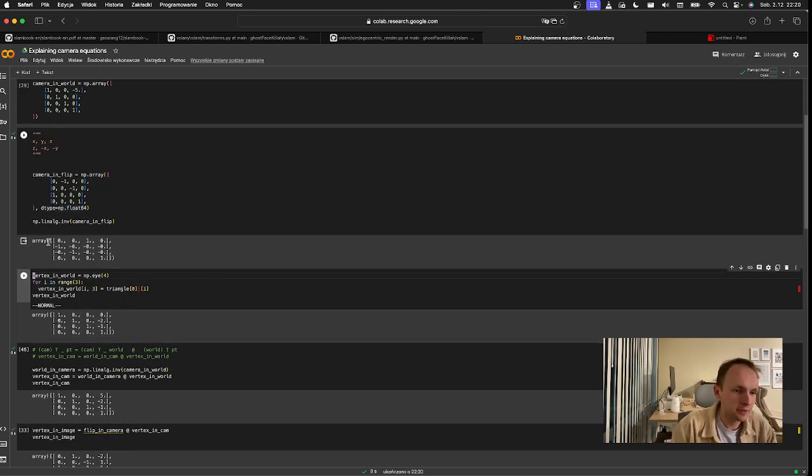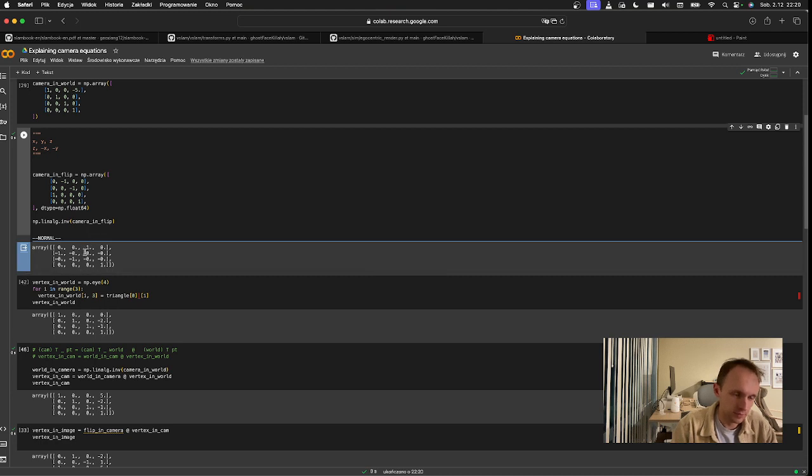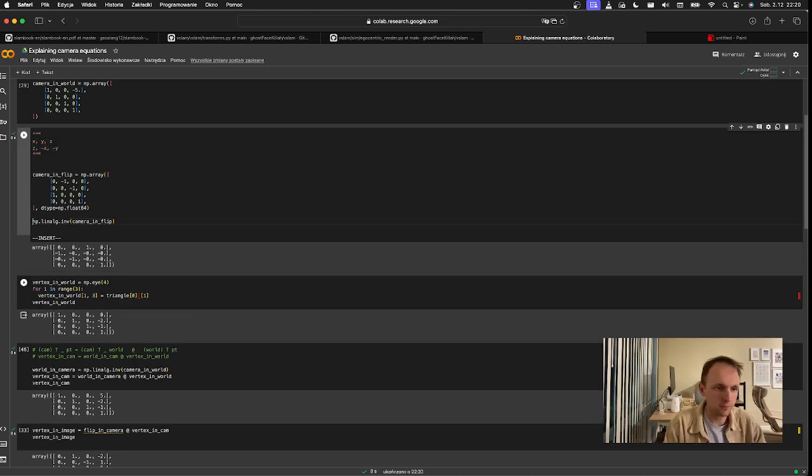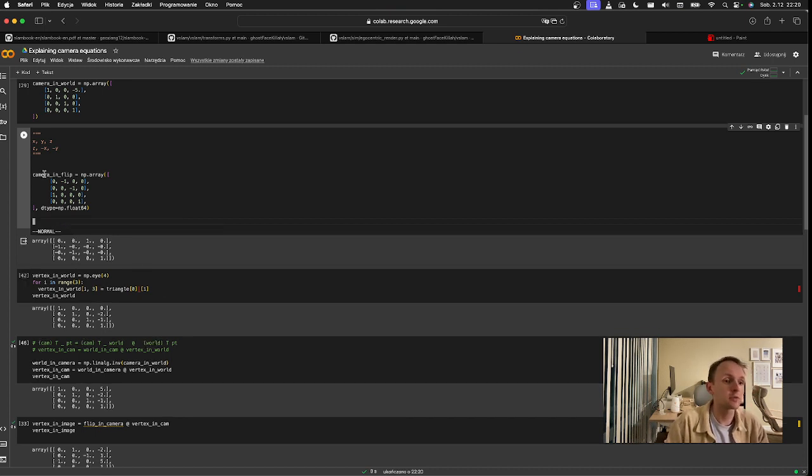So x becomes z. That makes sense, right? So first coordinate to third coordinate. Then y becomes minus x. Then z becomes minus y. So the second coordinate becomes the first coordinate, and then the third coordinate becomes minus the second. So this would be what's the flip in camera, but actually we're going to use camera and flip.